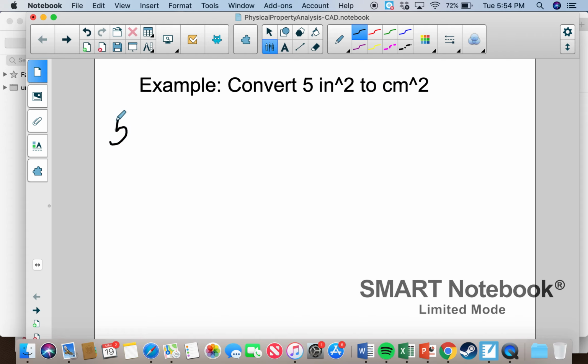Just like any unit conversion problem, we start with writing out our given, and then we're going to multiply it by some fraction, which we call a conversion factor, which will allow us to cancel out the unit we're given and to ultimately be left with the unit that we're looking for.